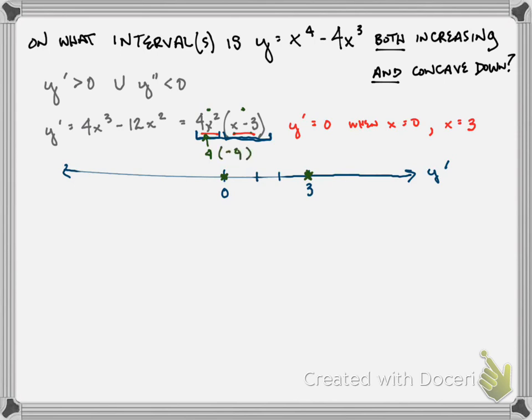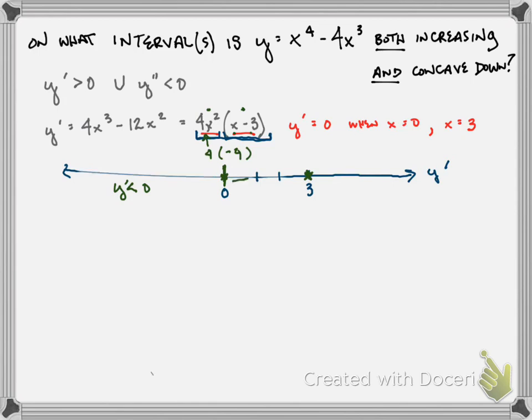I get -16. In other words, y prime is less than 0 when we are left of 0. So on this entire interval, the function is decreasing. It has to be, because it can't cross the x-axis again.